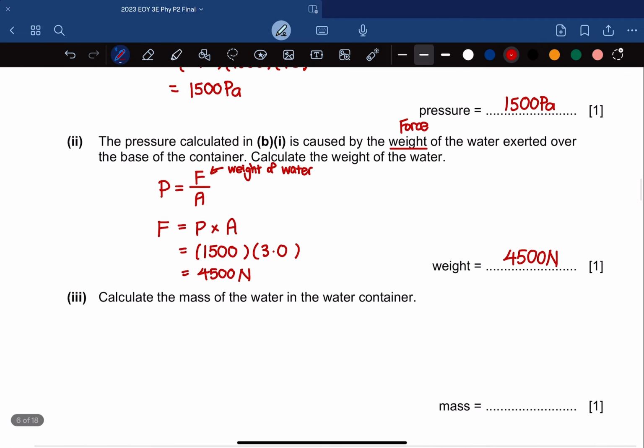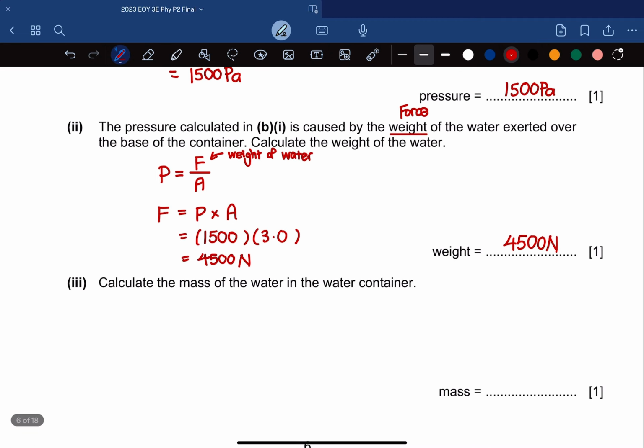And for part 3, calculate the mass of the water in the water container. So now that I found in part b part 2 the weight of the water, weight is given by mass times gravitational field strength. So therefore the mass of the water is simply the weight of the water divided by the gravitational field strength.